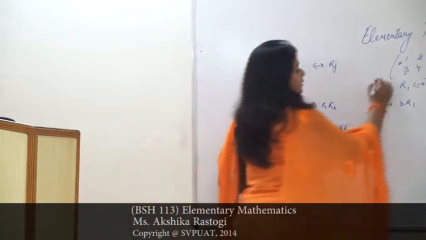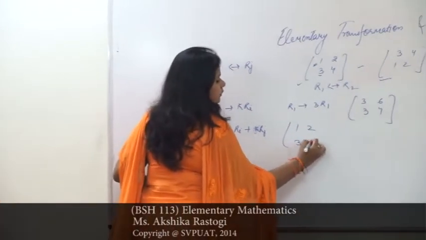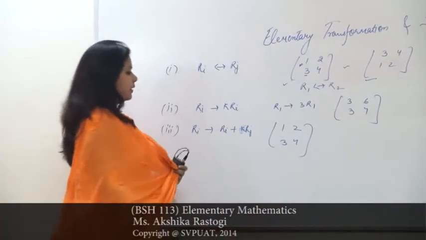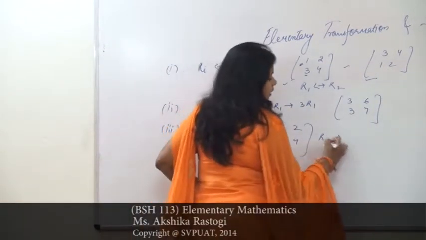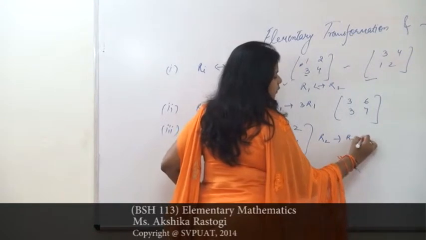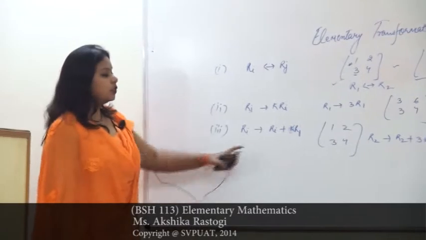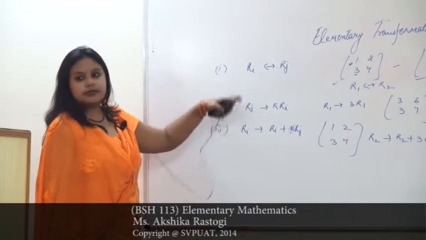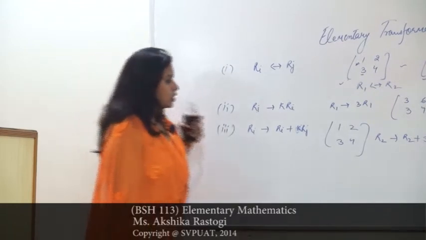Suppose we take an example of this matrix, 1 2 3 4, and suppose we apply a transformation in row R2: R2 equals R2 plus 3 R1. We can use all these elementary transformations when finding the inverse also. So what does it mean?